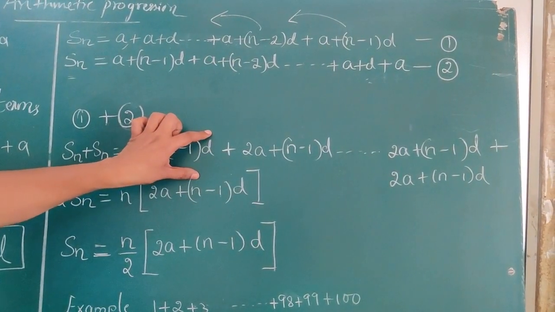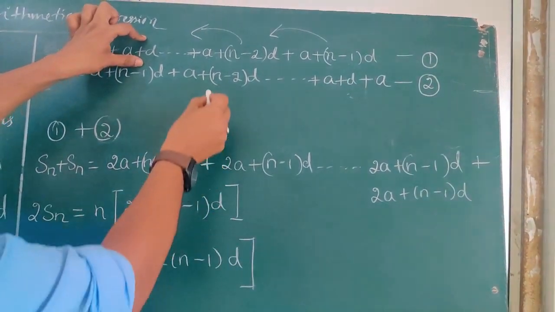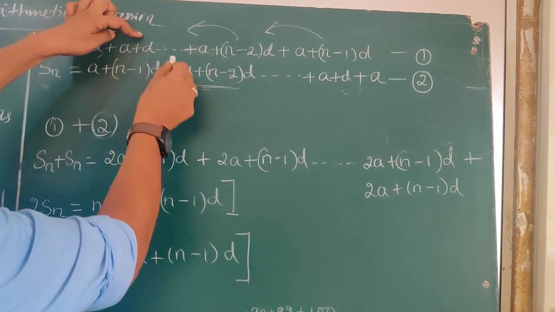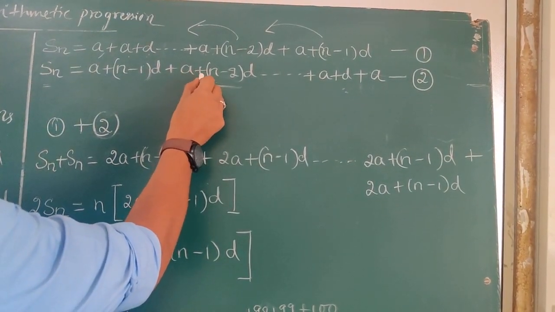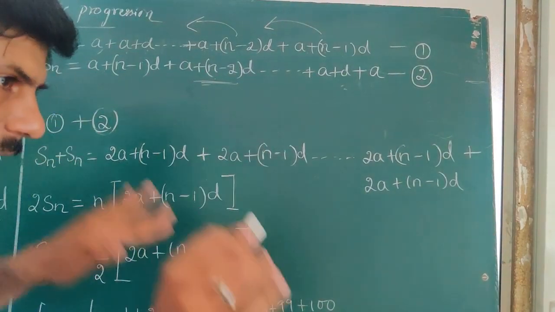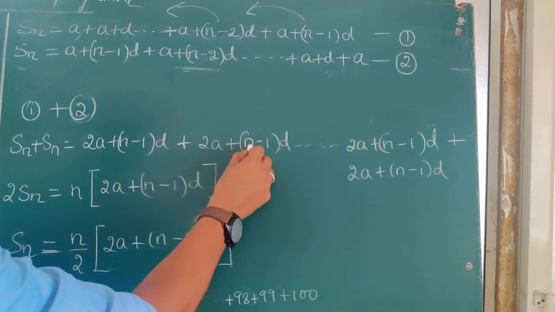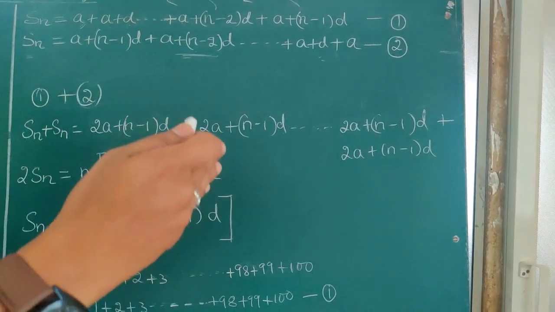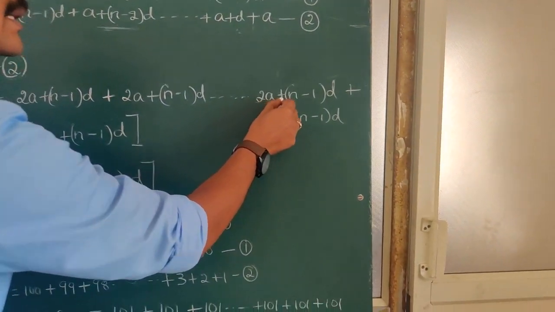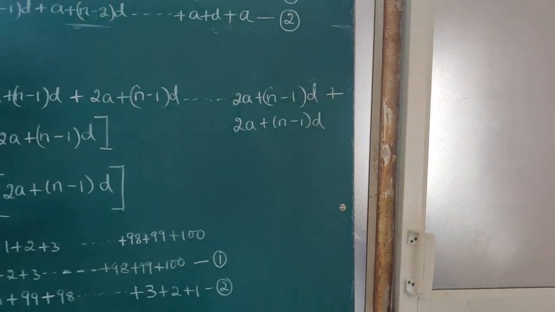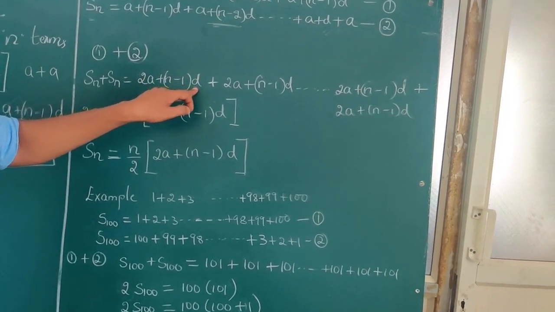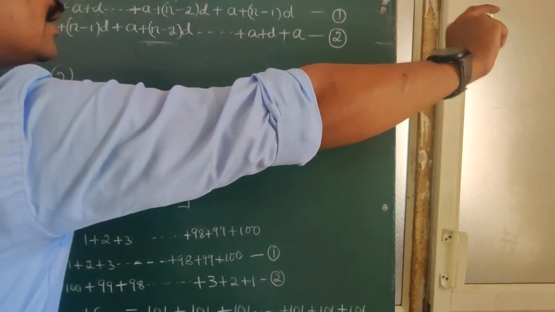The second term is also the same: a plus d, and from the other equation the penultimate term, a plus n minus 2 into d, becomes again 2a plus n minus 1 into d. In the same way, for all n terms you will get 2a plus n minus 1 into d itself. N number of terms will be the same.